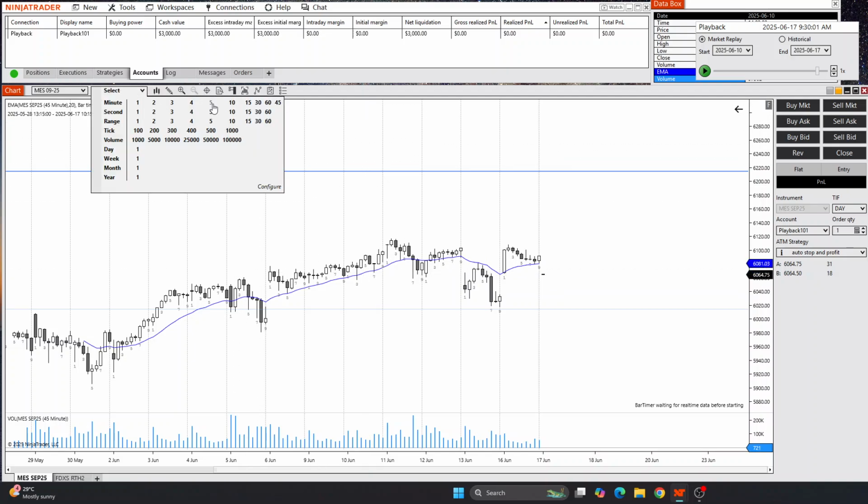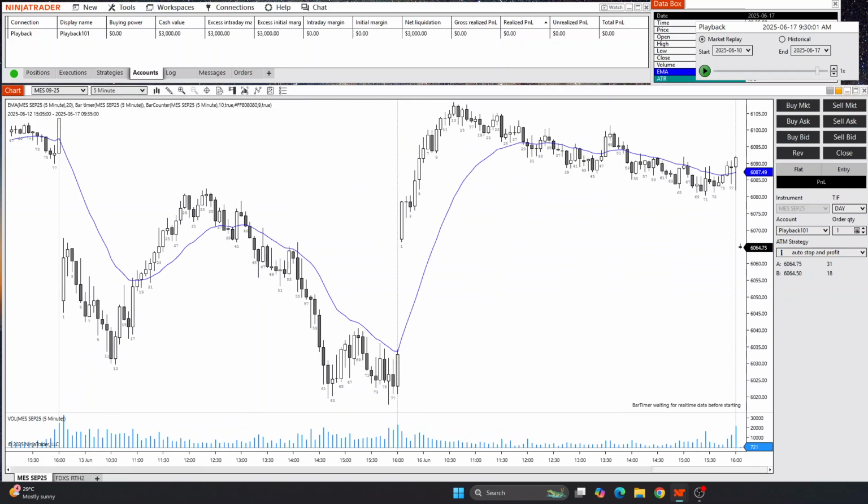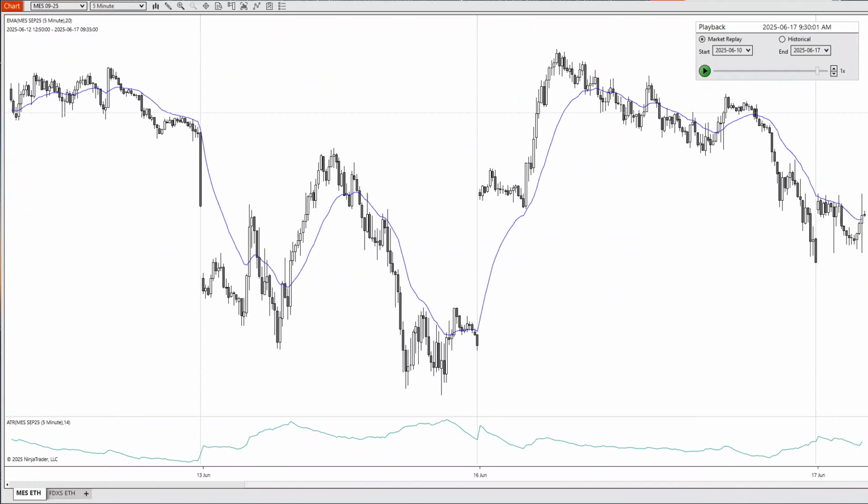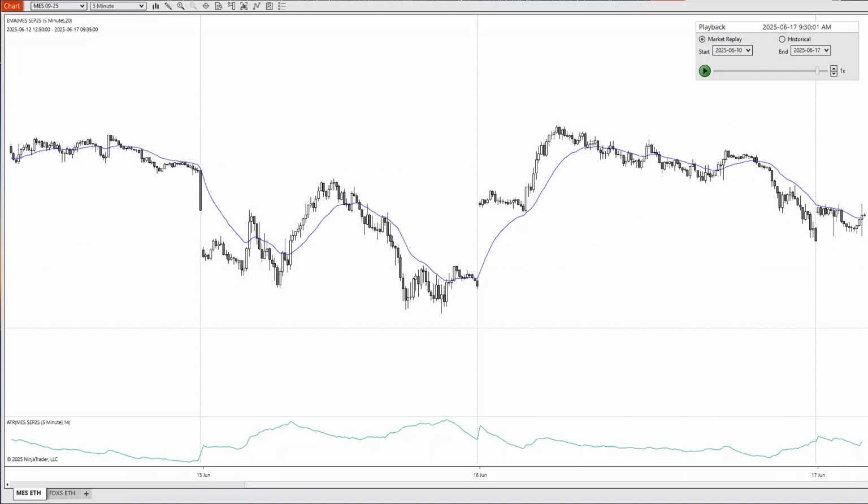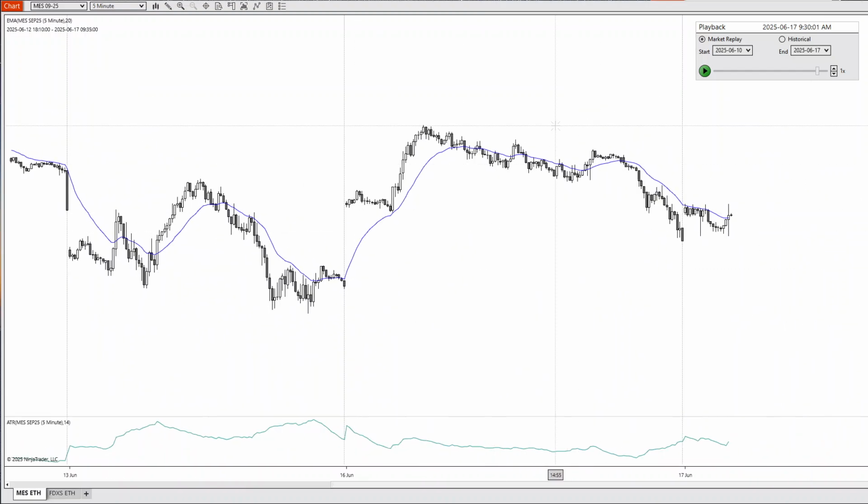Let's go back to 5 minutes. On the Globex, the overnight session, with a strong gap down, and a strong bear rally, and then kind of a tight trading range, which then broke out with not much follow through, and then we're back to this tight trading range here.